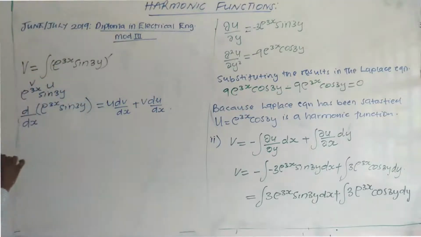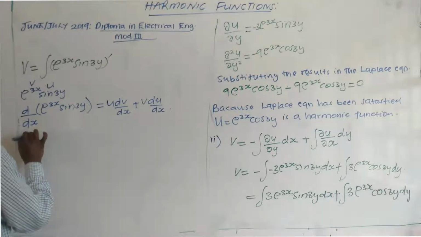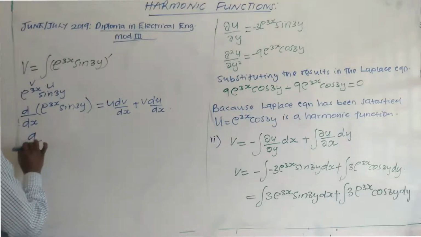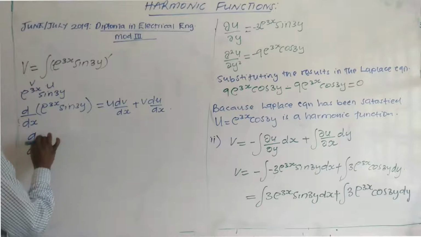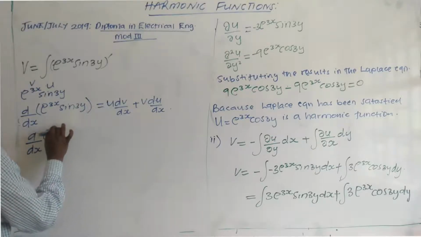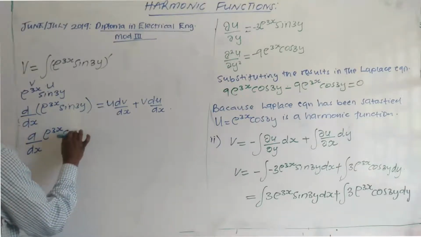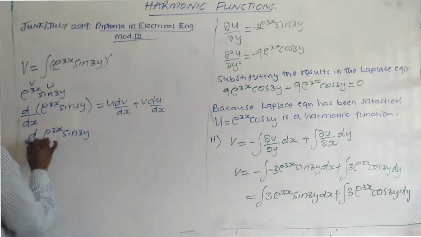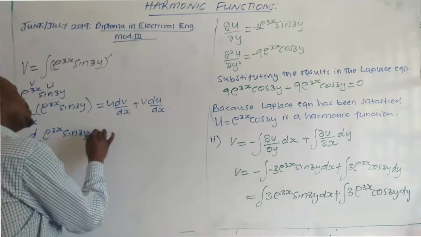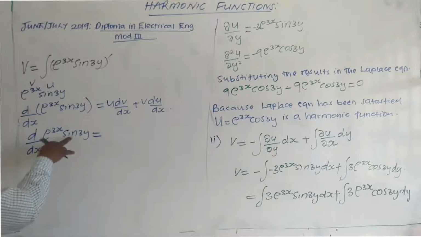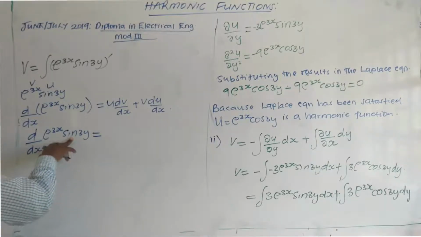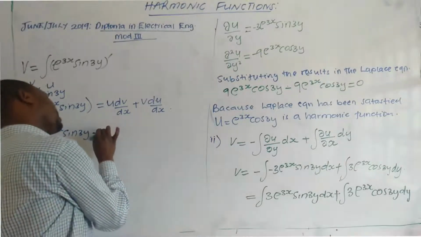Let us see if it will be true. So we have the derivative with respect to x of exponential 3x sine 3y. Differentiating that one, if you use product rule, we have said we take sine 3y to be our u. Sine 3y.